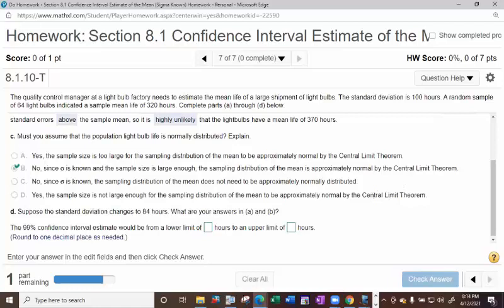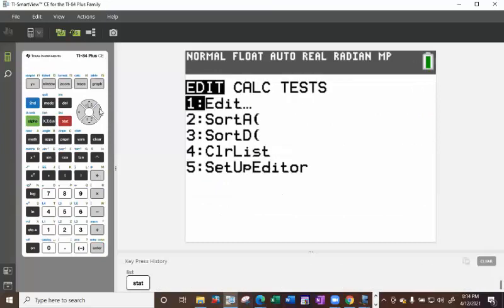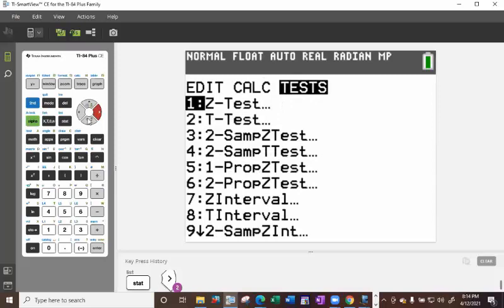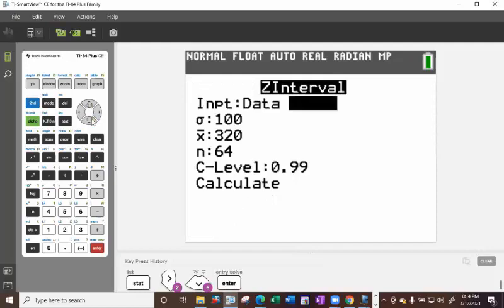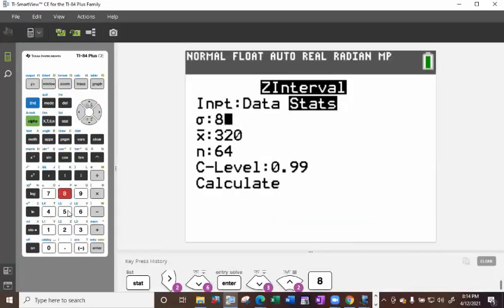They're changing standard deviation to 84. No problem. Stat. Standard deviations. Coughing attack here.